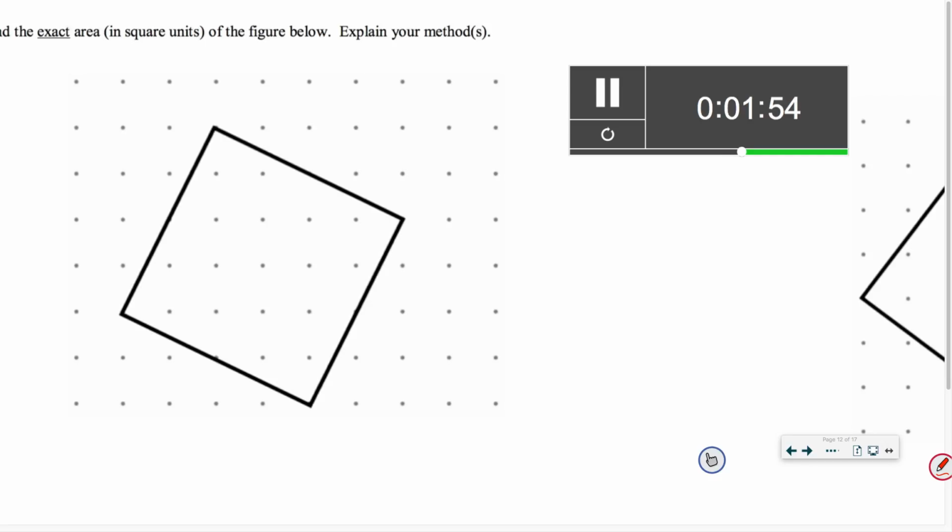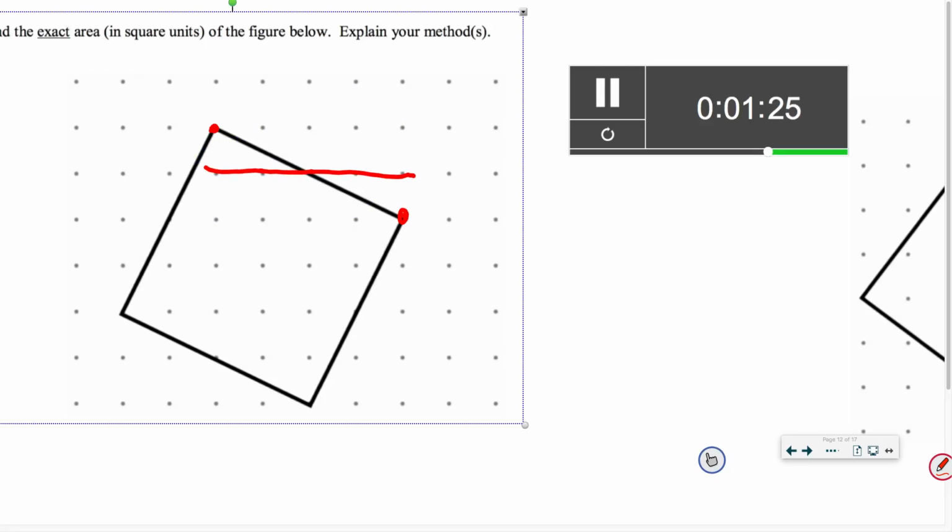Use the dots. How? That side's 4 because at the top. Move the line over. Is it though? Yeah. 2, 3, 4. But if I took this and moved it up and rotated it, is it really 4? Because that was 4 units, but now it doesn't look like it's 4 units.